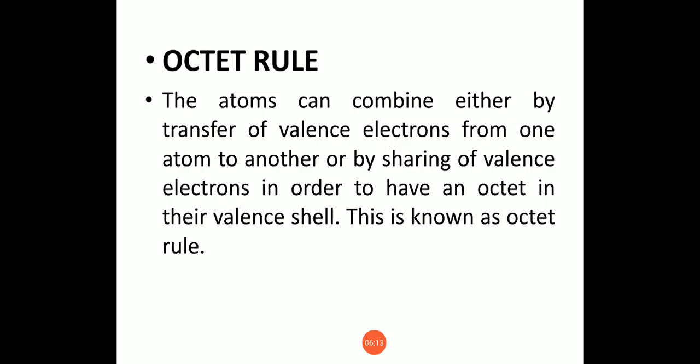So after bonding, the atoms should have 8 electrons in their outermost shell. That is known as octet rule.